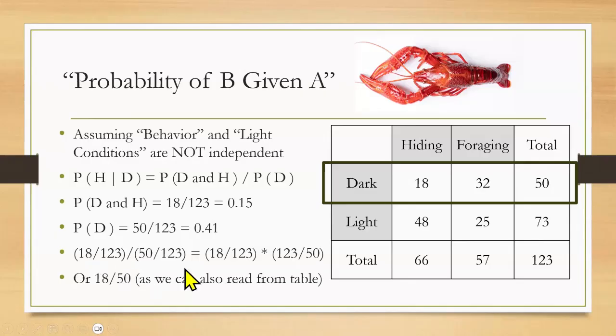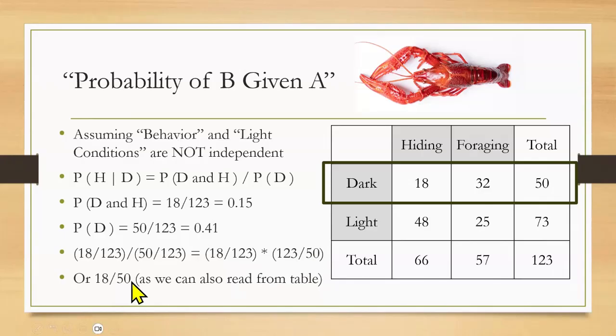So this converts to 18 over 123 times 123 over 50. All right. And so I've got 123 in the denominator of my first term, and I've got 123 in the numerator of my second term. And that means they'll cancel out. All right, so 18 divided by 123 times 123 divided by 50 is going to equal 18 over 50.